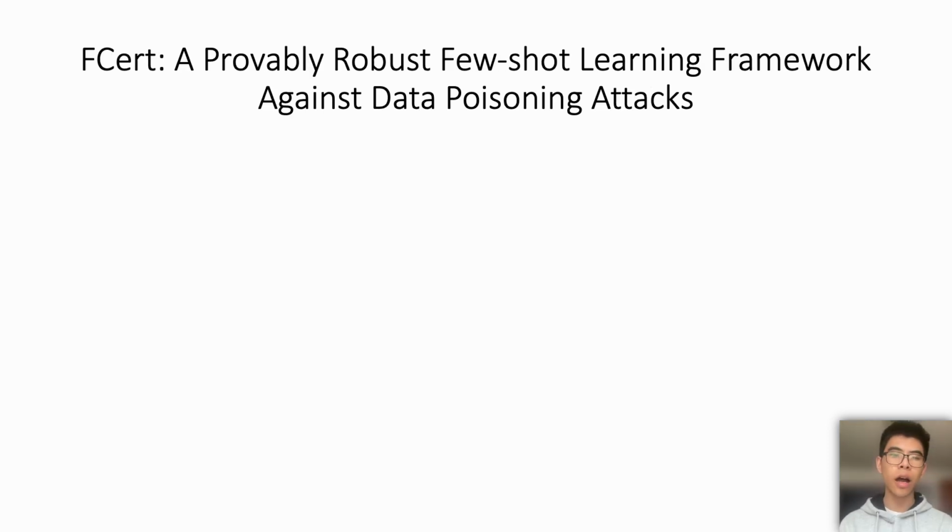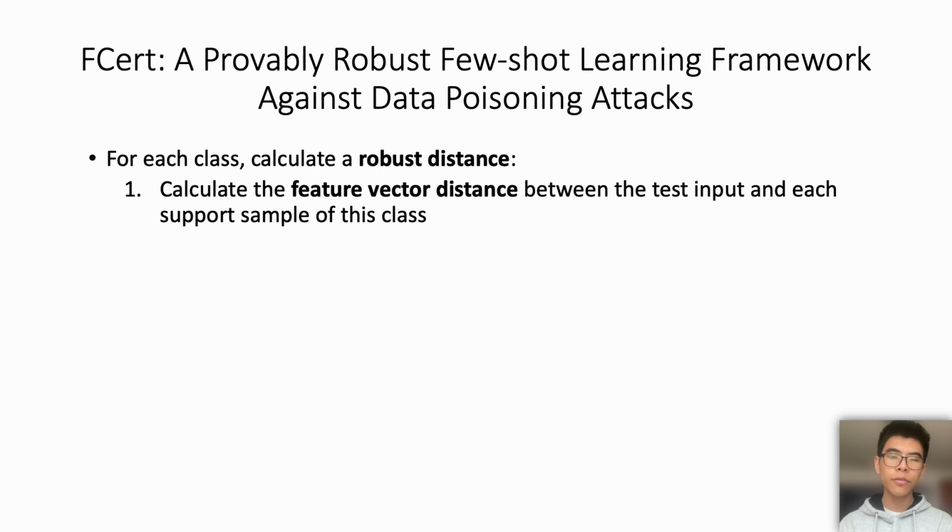Next, we introduce our FCert, a certified defense for data poisoning attacks that is specifically designed for few-shot learning. Our method calculates a robust distance for each class. We first calculate a feature vector distance between the test input and each support sample in a class.